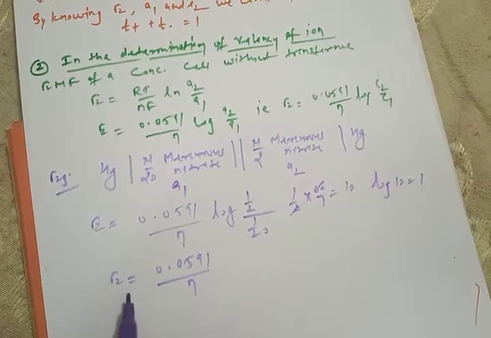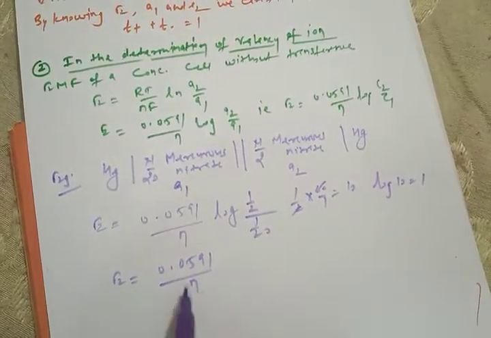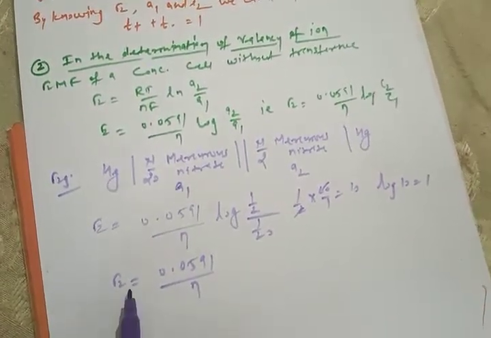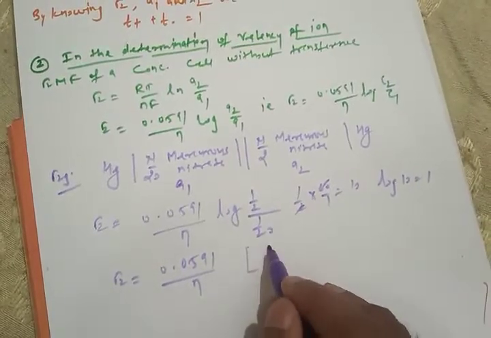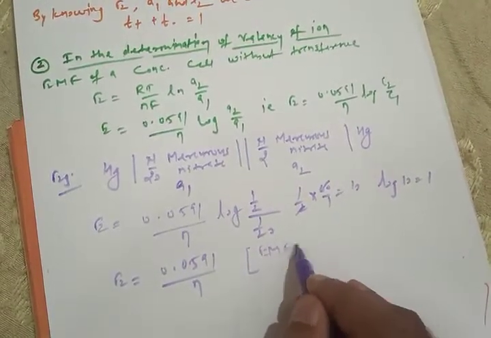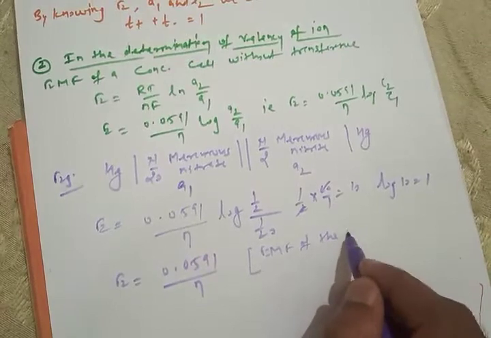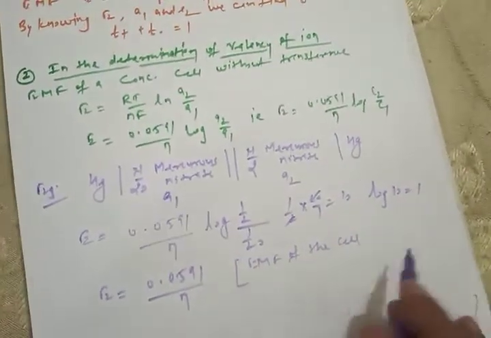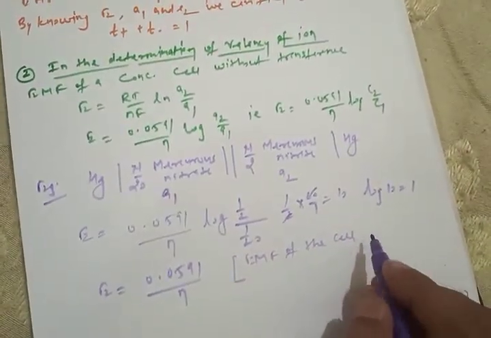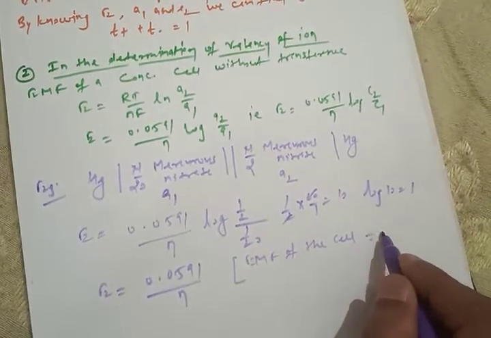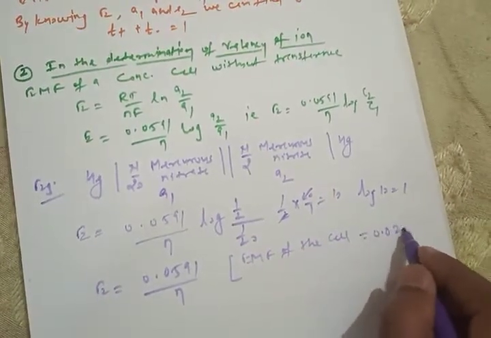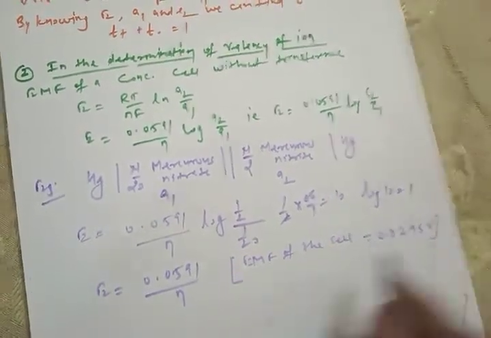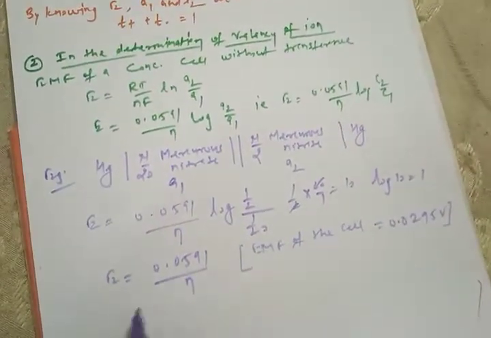Now in order to find out the value of n, we require the EMF. The EMF of the cell will be given to you if a numerical is asked. So the EMF of the cell is 0.0295 volt. So you can put the value of EMF here.